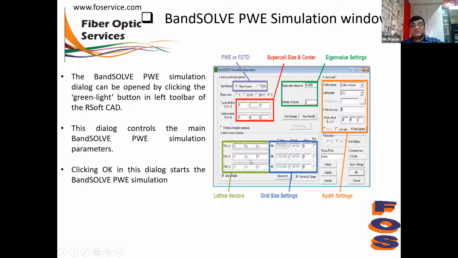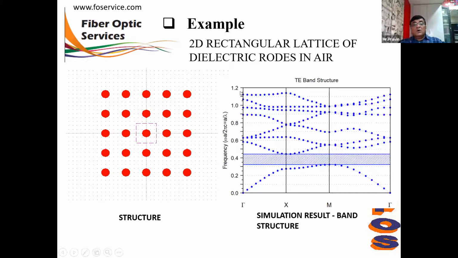The lattice vector you can set because this is a periodic structure, and you can select the supercell size and the center of the structure. This is what the band solve will provide as a result. It can calculate both TE and TM mode band structure, using the PWE method.